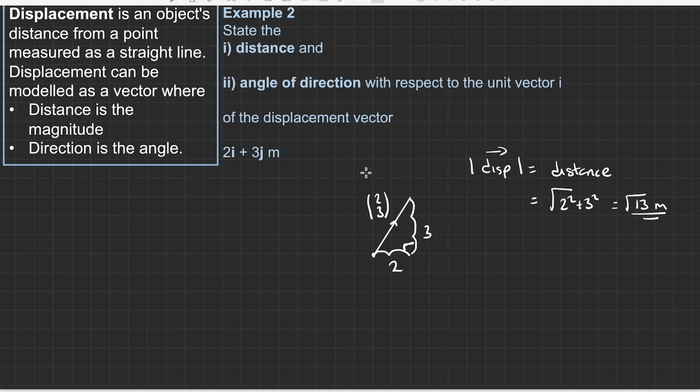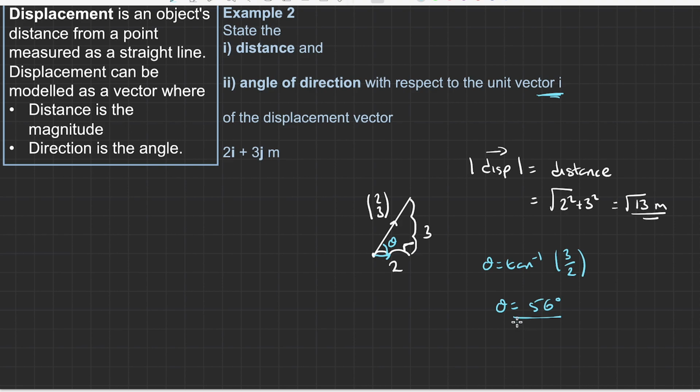To work out the angle of a direction with respect to the unit vector i, we can draw in i here, and we're going to look at this angle theta. So theta will be the arctan of the opposite 3 over the adjacent 2. Theta works out as 56 degrees.